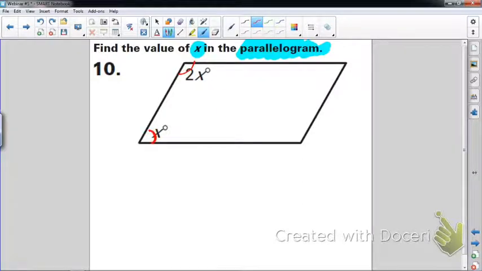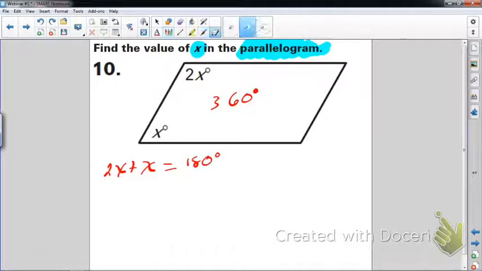It is a quadrilateral, so we know that the angles are equal to 360 degrees. However, I'm only giving you two angles. And because they are consecutive, we know that we are going to add them and set them equal to 180 degrees, not 360. 360 is if we had all of these, and I'm adding all of the angles.